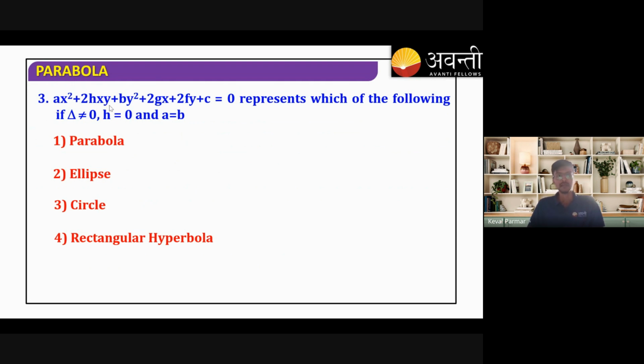See here. Coefficient of x square equal to coefficient of y square, and there is no xy term. That means the equation will look like x square plus y square plus 2gx plus 2fy plus c equals 0. That means it is a... Come on, give the answer now.